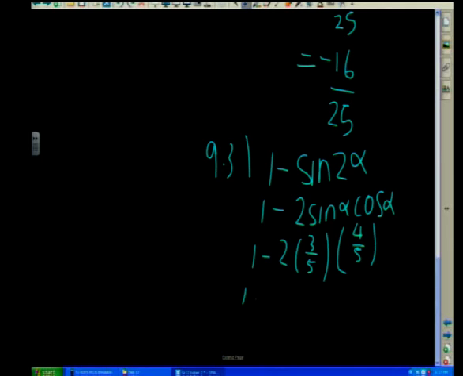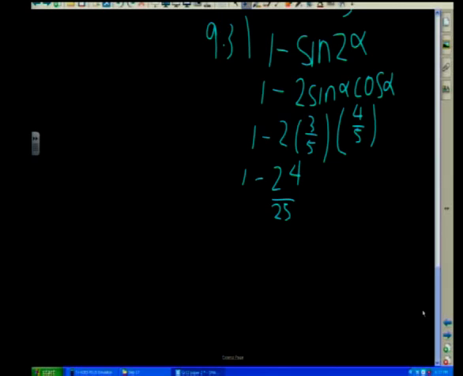So that's going to be 1 minus 2 times 3 times 4, that's 6 times 4, which is 24, all over 25. Again, the fractional parts you can do on your calculator, and you will get an answer of 1/25 as your final answer there.